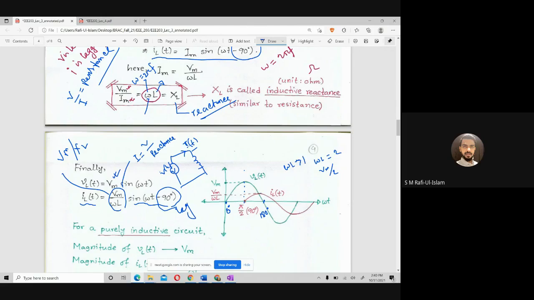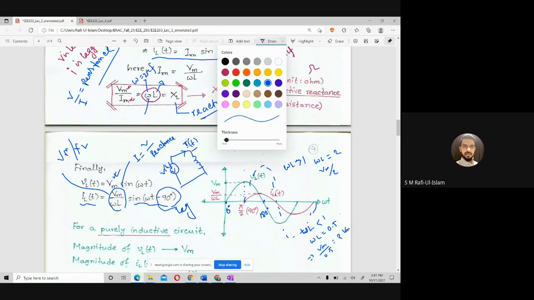And if omega times L is less than 1, say omega L equals 0.5, then Vm divided by 0.5 means 2 times Vm, so it will be double, greater than the source voltage. Am I clear? Is there any confusion so far? It's pretty straightforward. No, sir.